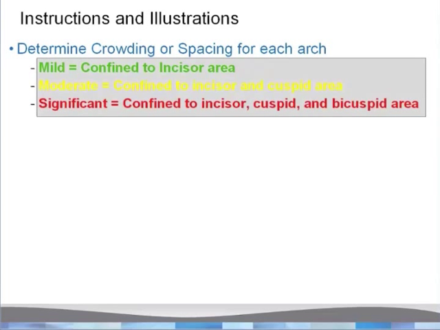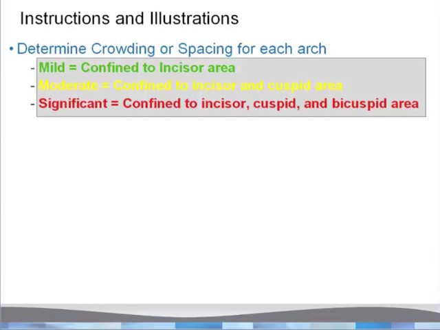That brings us to our final 2 questions. And with this, we're looking at the individual arches. For the upper arch and the lower arch, you're going to answer the basic fundamental question: what's the problem here? Is it crowding or is it spacing? And whichever the problem may be, if the problem is confined to the incisor area, that will be classified as mild.